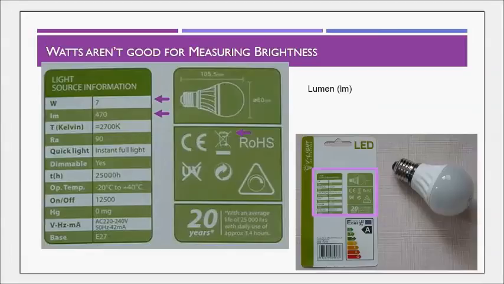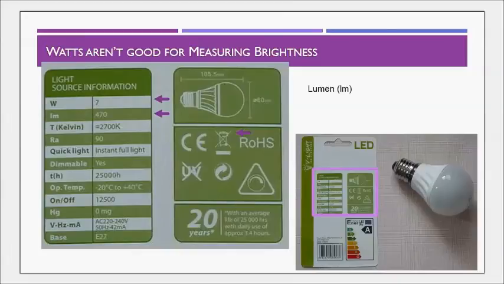Now, one thing, and this is mostly just extra information, one thing that's a little interesting is watts are not actually good for measuring brightness. They're good for measuring energy efficiency because they measure how much energy a light bulb uses every second, but it's not a unit for brightness.